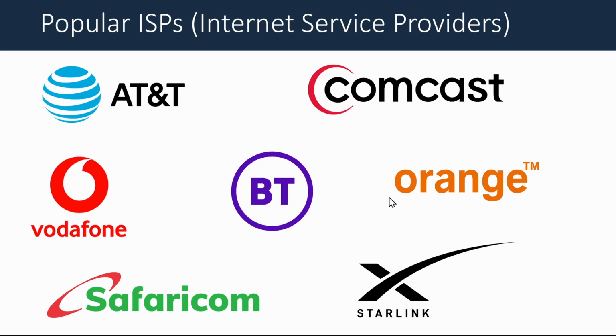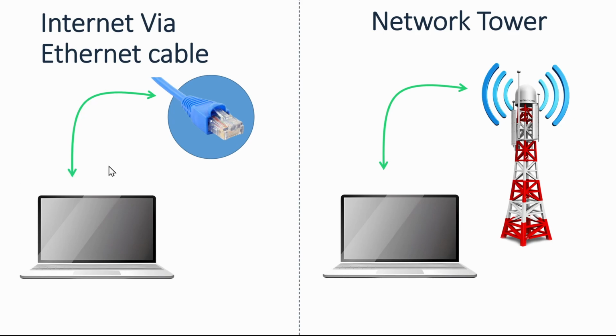So through the internet service providers, we are able to connect to the internet, mostly via Ethernet cables if you connect directly to your gadget, or sometimes you connect wirelessly using, for example, data bundles that connect to the network tower that is ultimately connected to the fiber cables.